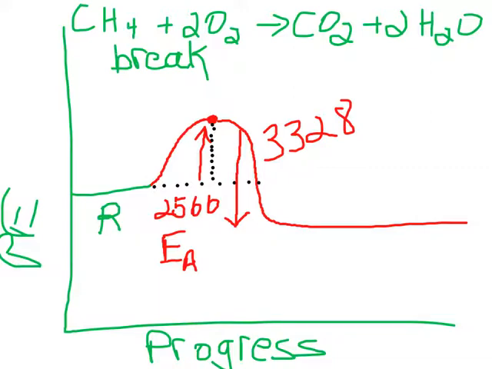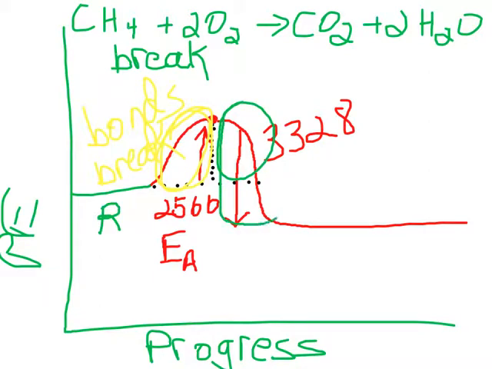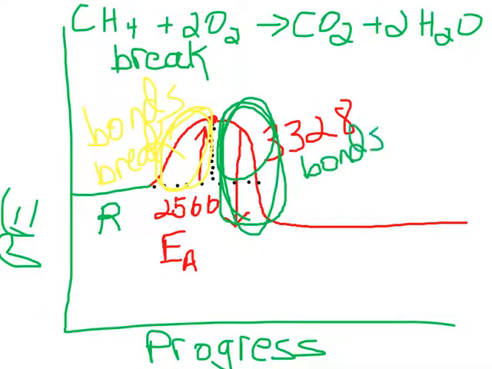Essentially, we can say that this time here, circled in yellow, represents the time when bonds broke. And the time represented by the other side of that point, all the way down to this platform here, represents the time during which new bonds were formed.